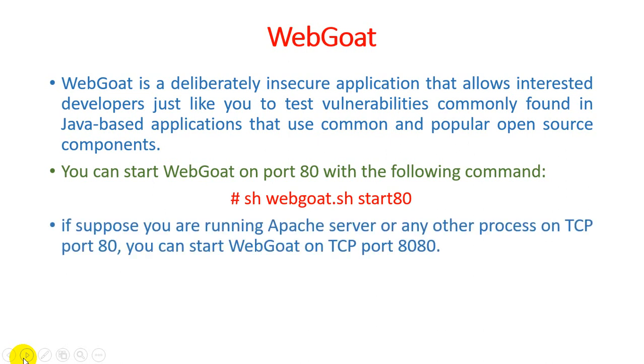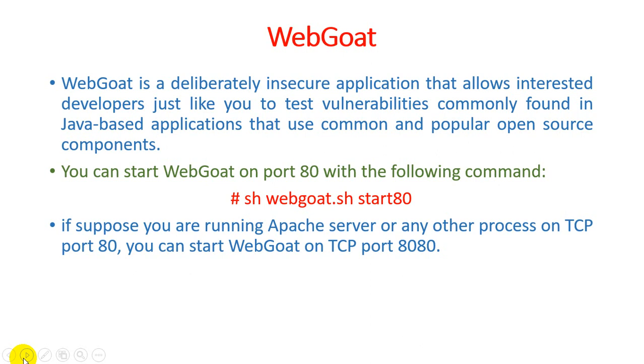If suppose you are running an Apache server or any other process on TCP port number 80, because the operating system reserves different port numbers for different services, and somehow some service is running on port 80, then WebGoat will start on TCP port 8080.